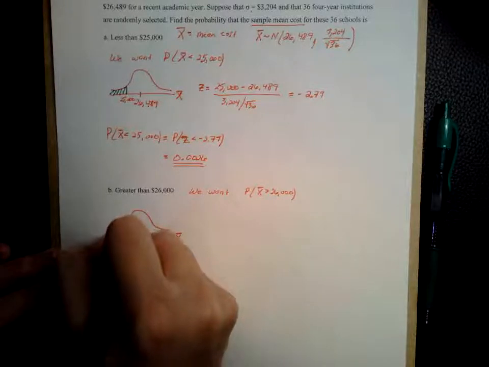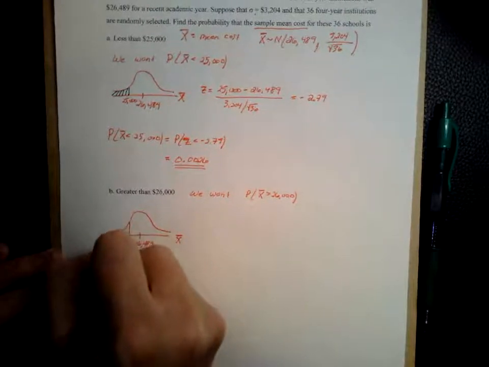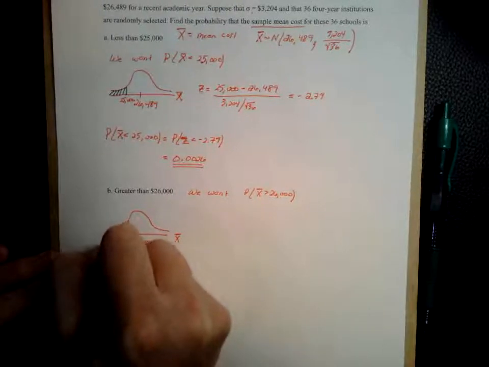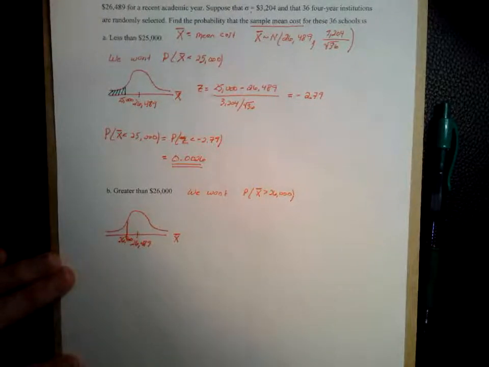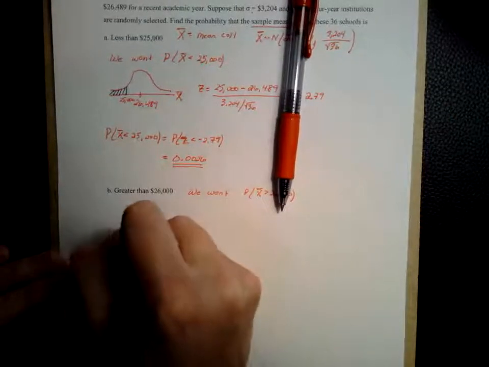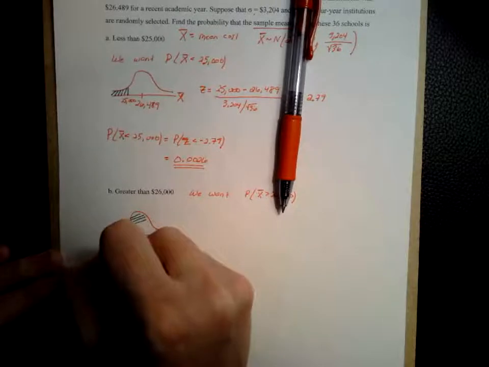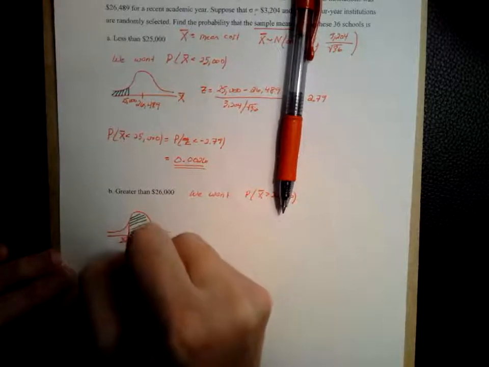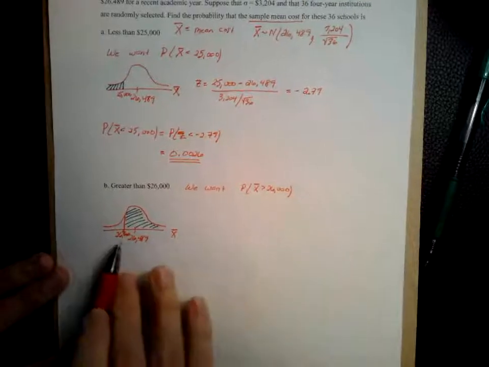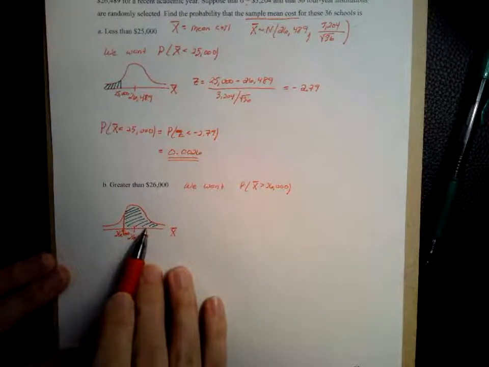Say, for instance, 26,000 is right there. We want to look at the area to the right of this because we want to know what's the probability of getting a sample mean greater than 26,000. And how will we find this?